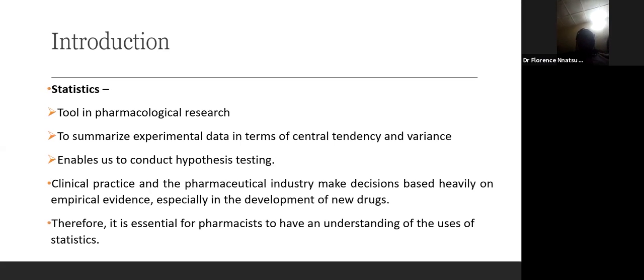Okay. Statistics, as an introduction, is a tool we use in pharmacology research, and we use it equally in industrial research. We use it in clinical research, in the hospital, in the community pharmacy, to summarize experimental data in terms of central tendency and variance. We use statistical analysis when we have taken experimental studies.